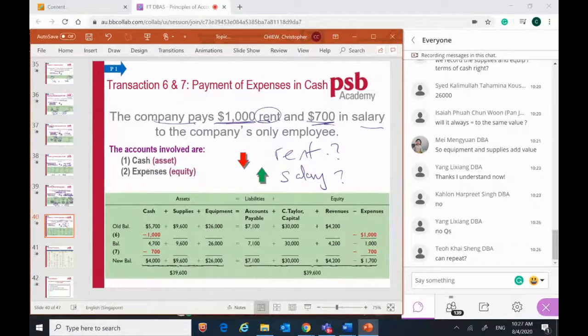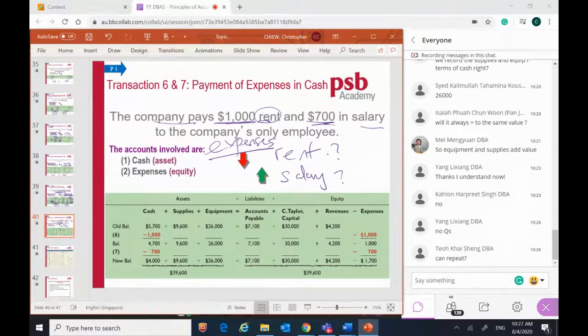What is your rent? What is your salary? These are expenses. Anything that you incur in the running of a business is known as expenses. For example, when you start a business, you have to pay your rent, you have to pay salary to your workers. These are your expenses.